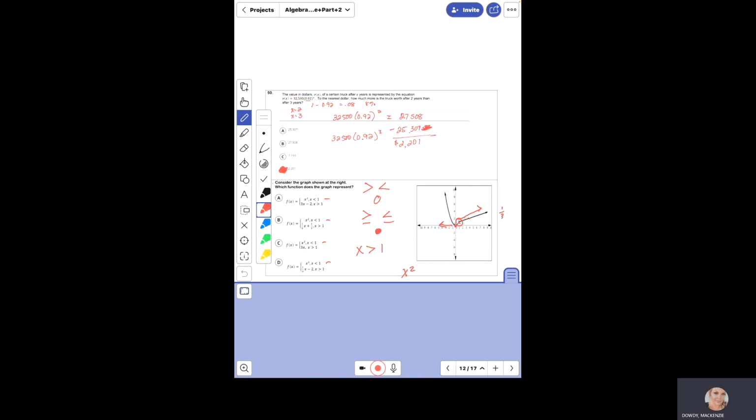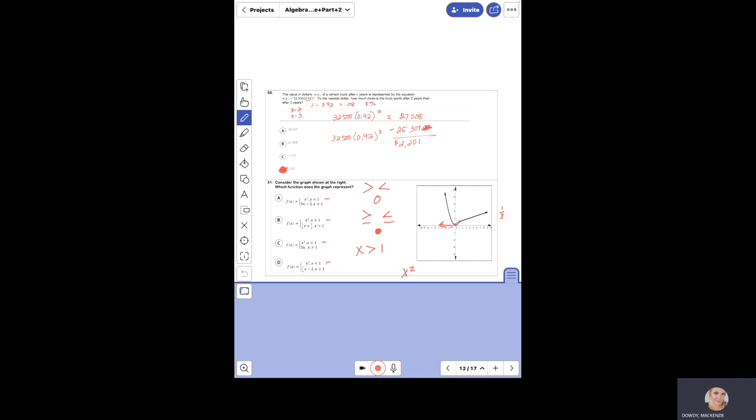Our y-intercept doesn't show on here. There's no y-intercept, but if you were to extend the line this way, you would see it's between 0 and 1.